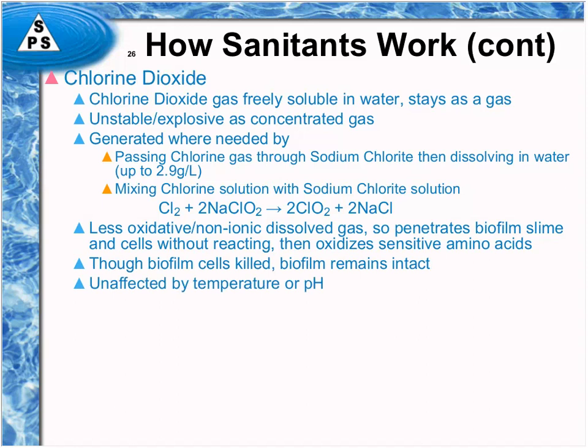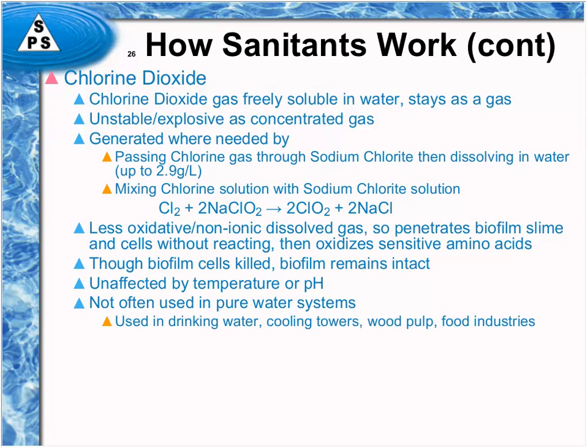It's unaffected by pH or temperature, and it's not often used these days in pure water systems. Of course, frankly, people control biofilms much better than they would need to if they had a chlorine dioxide need for attacking a really thick biofilm.